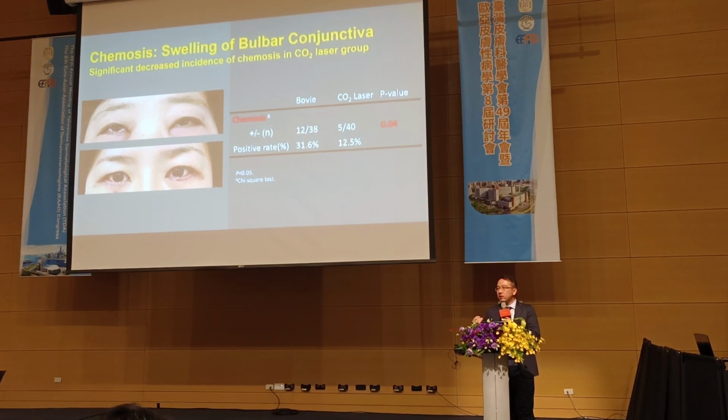You might not notice that, but if you do surgery, it is quite common. When you use your hand to hold the traditional electrosurgery tip, you can feel the heat. Even our hand can feel the heat, so the conjunctiva might be more prone to heat injury. That's why I think chemosis is significantly decreased in the CO2 group.